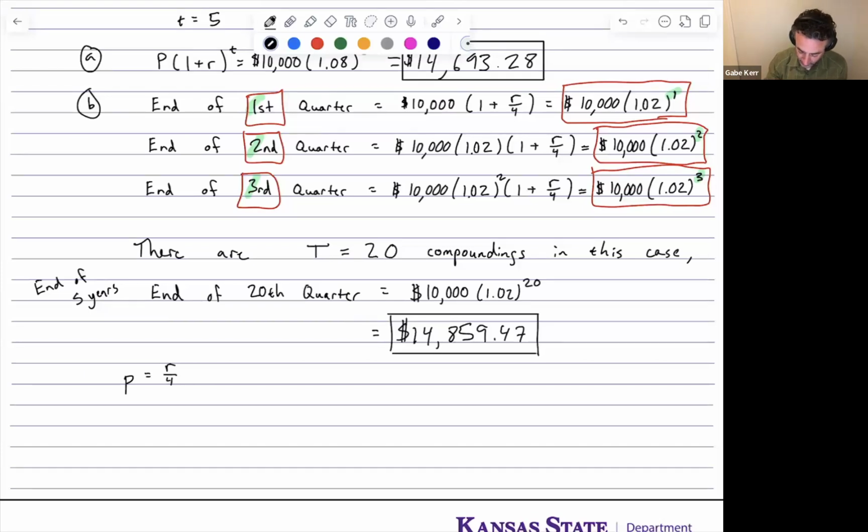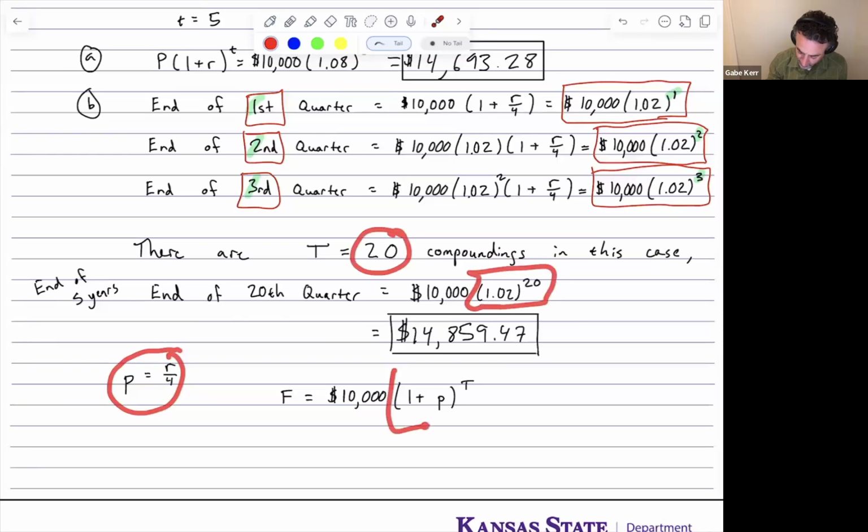So this formula applies here to say that the future value is our principal times 1 plus p to the T. And remember, the p is 0.02, the T is 20. That's where we got that number.